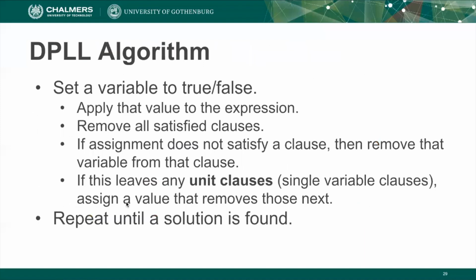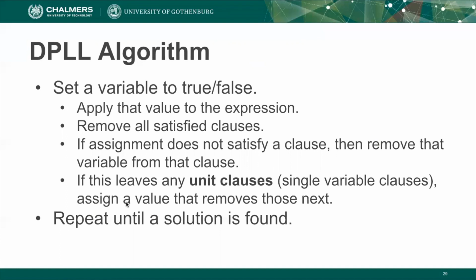Another common complete method is the Davis-Putnam-Logemann-Loveland, or DPLL algorithm. It's very similar to branch and bound, but there's a slight difference which makes it a bit more powerful. The way it works is this: you select a variable or its negation and assign it a value. If the result is true and satisfies the clause, then we remove all clauses containing that variable from the formula, creating a simplified formula.